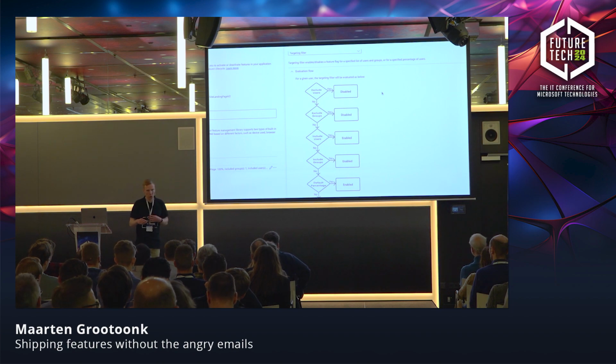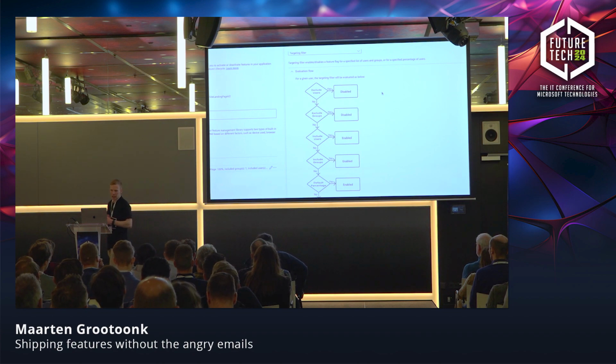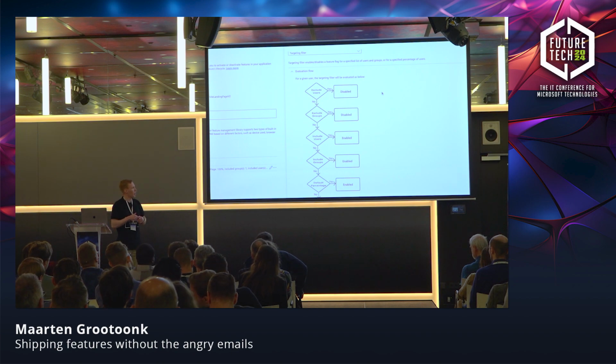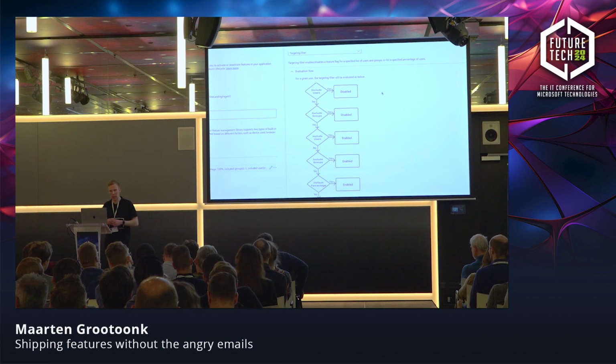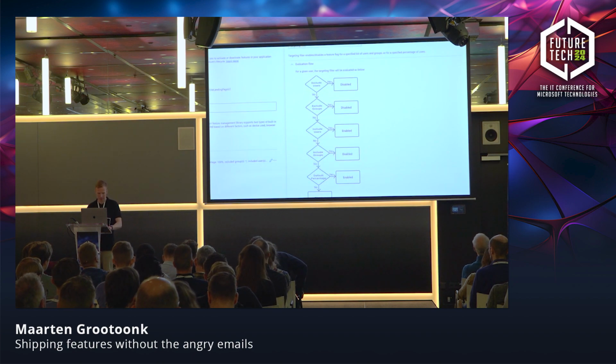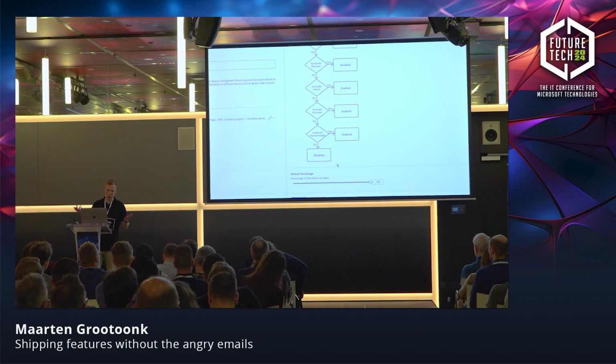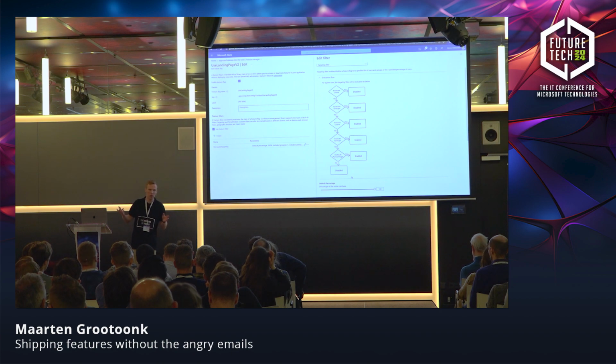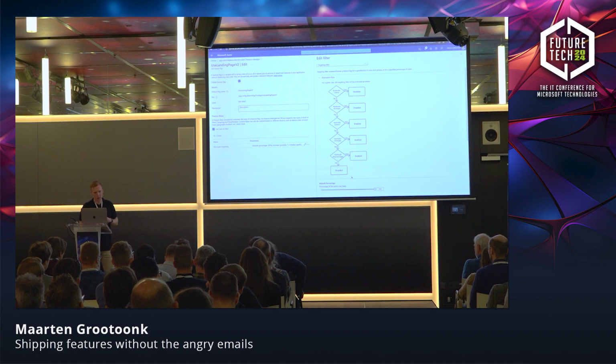You can exclude groups. Let's say you have certain people that don't want to participate in any beta testing. You can exclude them and it will never end up enabling the feature for them. And if you're not part of any group or percentage, it will be disabled for you. This is for your session. So if you log in, it will be determined, is it enabled, yes or no, for your session. And then if you log out, it will check again.